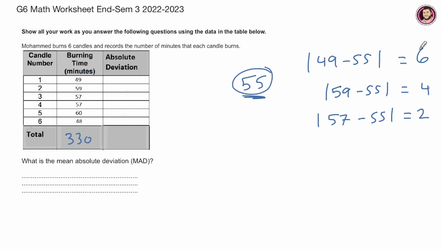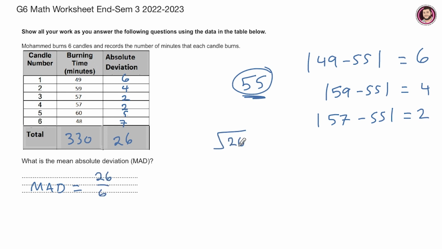Then add all of these absolute deviations and divide by the number of values, which is 6. So let us do this: 6, 4, 2, and here 2, and here 5, and here 7. Add all of these, which is 26. So the MAD equals the sum of all, 26, divided by 6.